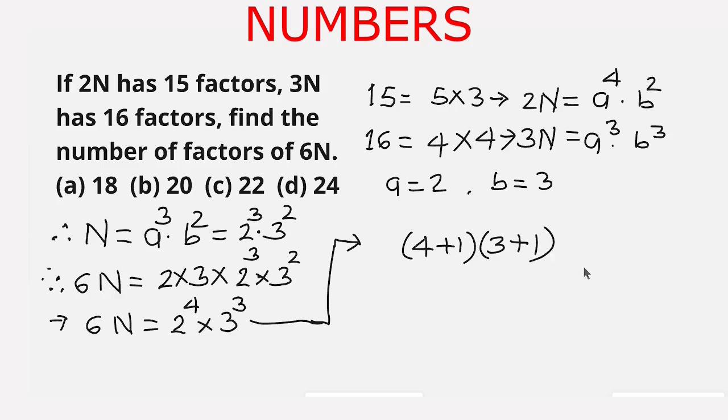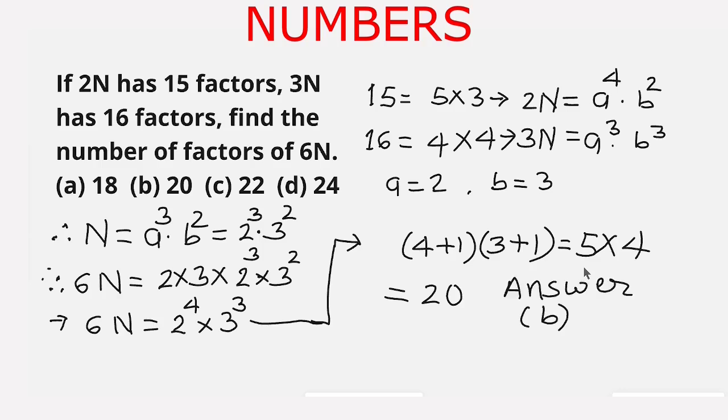So 4 plus 1 is 5 multiplied by 3 plus 1 is 4. This gives number of factors equal to 5 multiplied by 4, that is 20. So there will be 20 factors of 6n, and from the given options, our answer is option B, 20 factors.